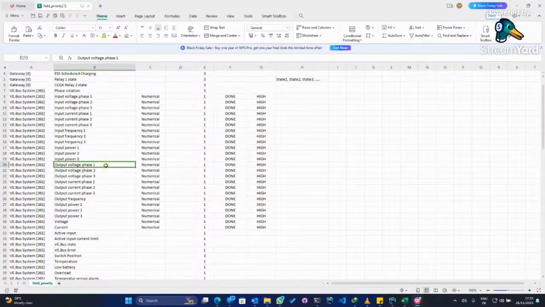Now, you may see 1, 2, 3, 1, 2, 3. Each time you see this 1, 2, 3, it just refers to the line itself, because the inverters which are powering the different sites have three phases. Equipment is connected to each of these phases according to the engineer's judgment.